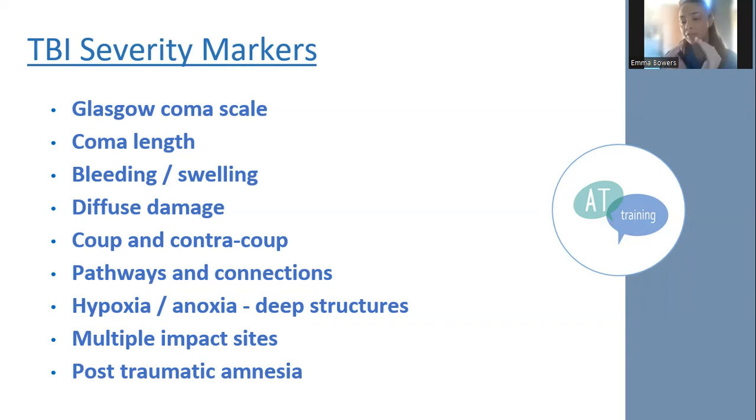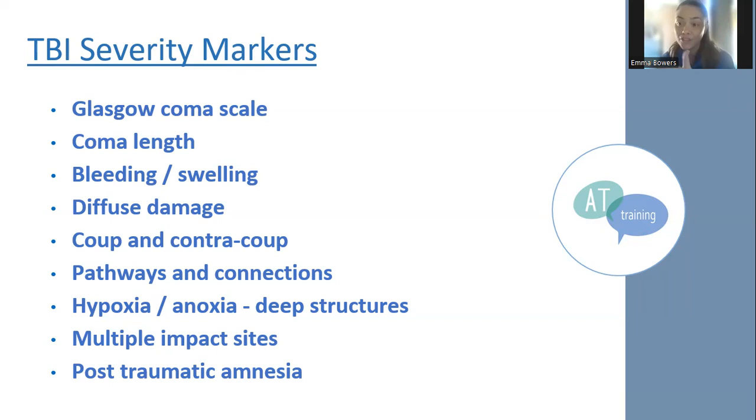So not only can it have additional impact on the inside of the skull, which can then cause a diffuse scatter injury, that twisting and turning can cause bleeding and swelling within the deep connections, the pathways of the brain, and cause further haemorrhaging. So yes, the pathways and connections can be further damaged.